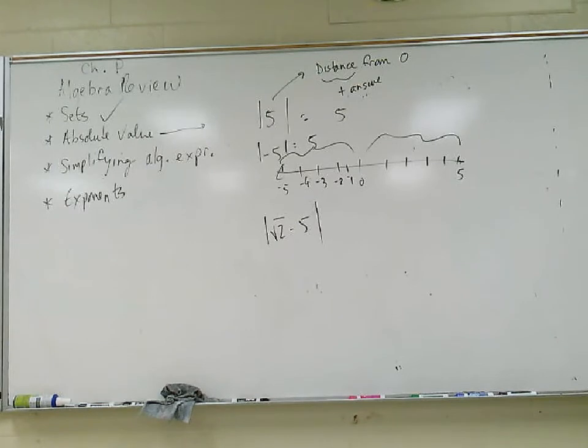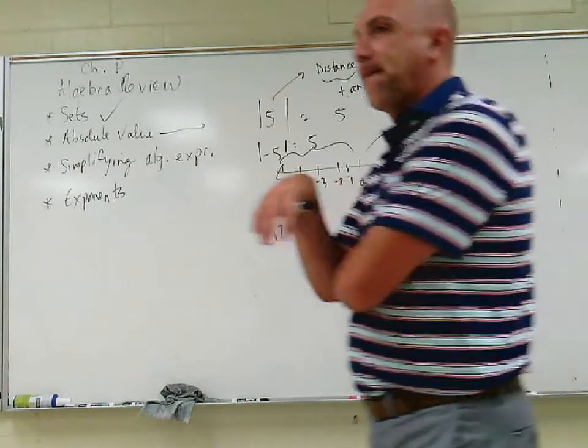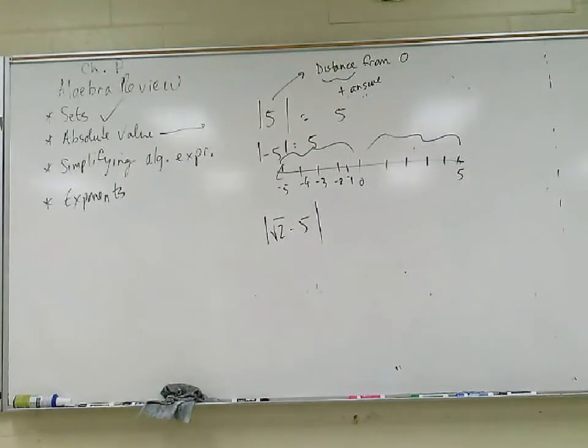But if you go to your calculator, it will help you. Type in square root of 2 minus 5 on your calculator and see what the answer is. See what you get. And then from there, we'll see what answer you want to give.